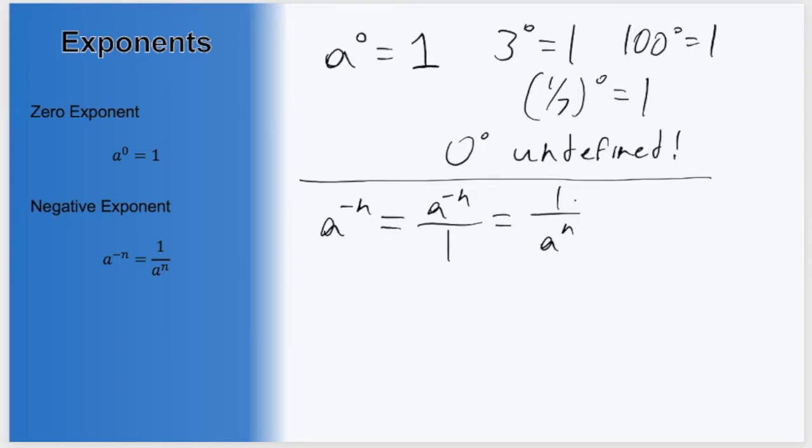So we get 1 over a to the now positive n power. Similarly, if we now have 1 over a to the negative n power, the a has a negative exponent in the denominator, and we can turn that into a positive exponent by bringing it to the numerator, so we just end up getting a to the n. This is how we interpret negative exponents.